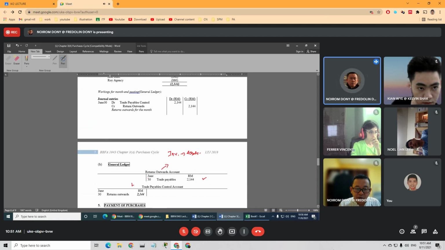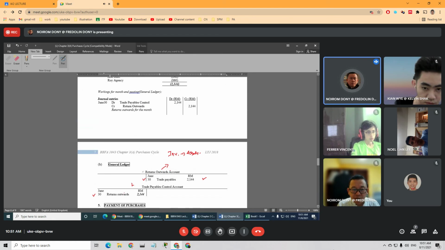And take note, this posting, the second step, will only be done at the end of the month. So that's why the date is June 30th for trade payable control account and return outward account. Then in the trade payable control account, the particular will be return outward, showing the name of the account that is being credited.